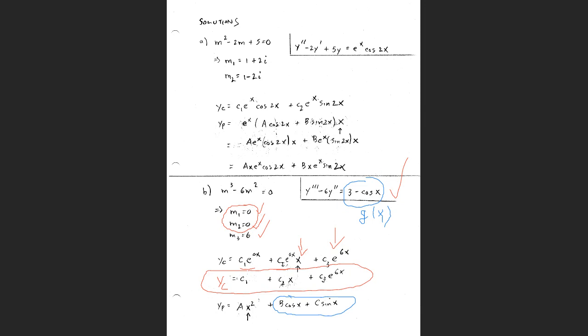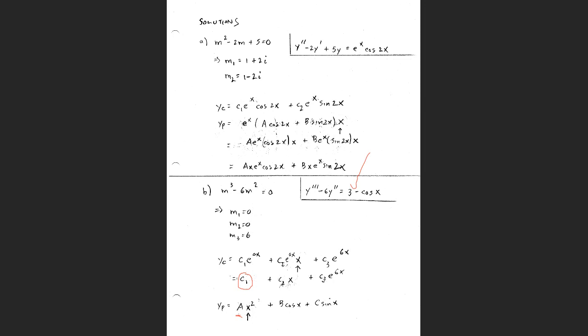But for the 3, normally we would just have an A. But we can't just have an A because in the complementary solution, we have a constant right there. So we can't just have a constant A here for the 3.